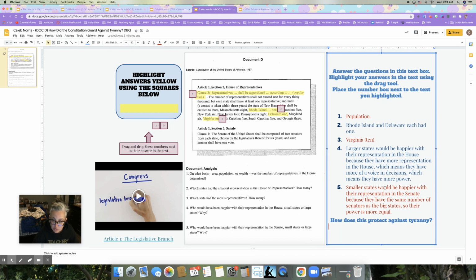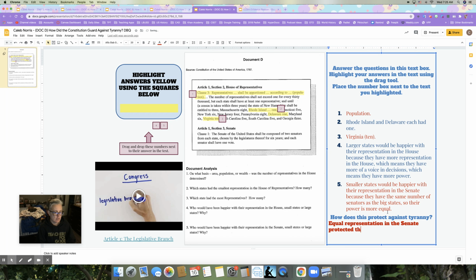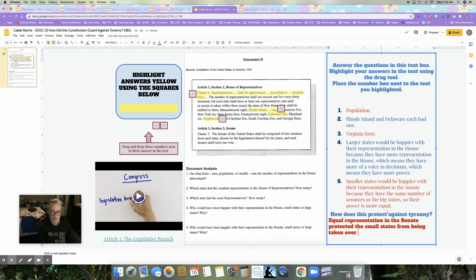Okay, so I'm going to go ahead and write that answer here. Equal representation in the Senate protected the small states from being taken over by the large states.